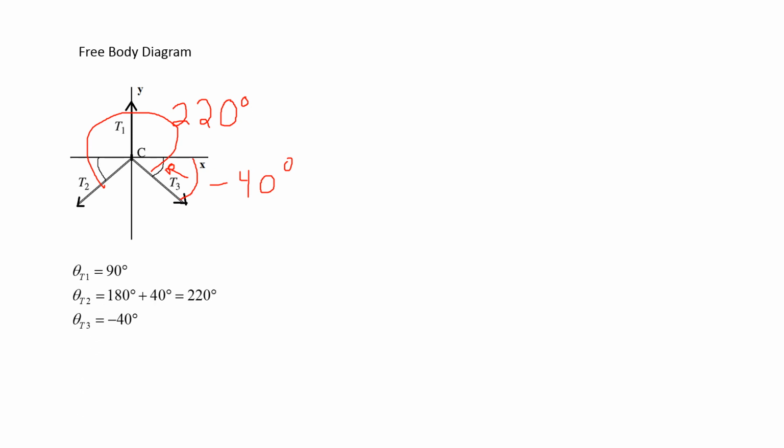So on our free body diagram, the angle to the first tension is going to be 90 degrees, the angle to the second tension is going to be 220 degrees, the angle to the third tension is going to be negative 40 degrees. We're again going to apply the equilibrium condition to the components of the vectors so that the net force in the x direction is going to be 0, which is equal to the sum of the x components.